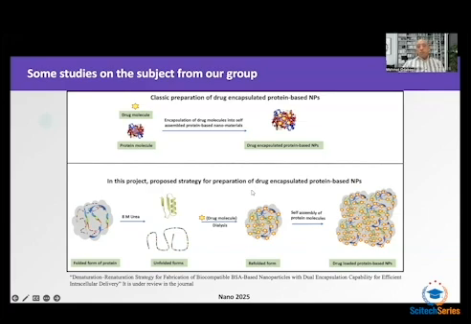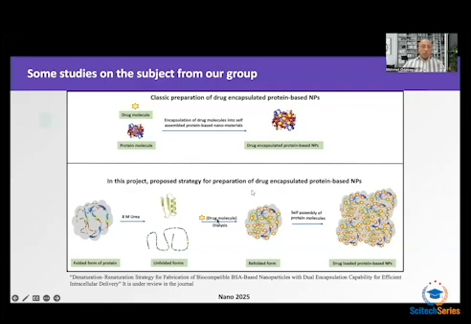In denaturation or renaturation strategy, the first step includes denaturation of proteins with some agents like urea, then conjugation of active agents with proteins.